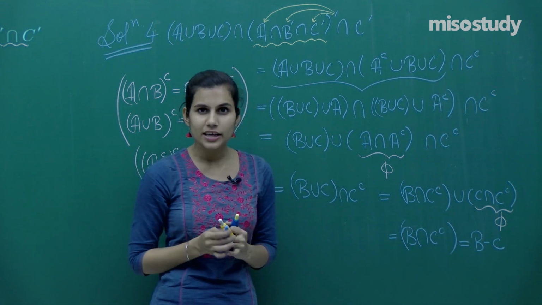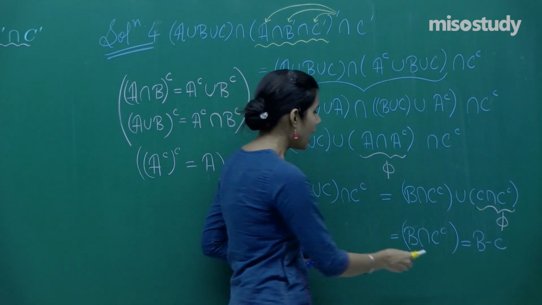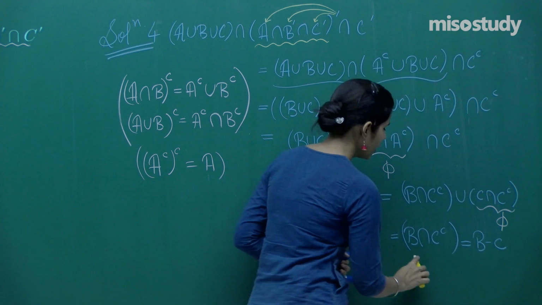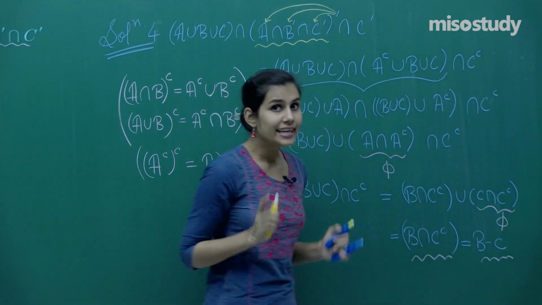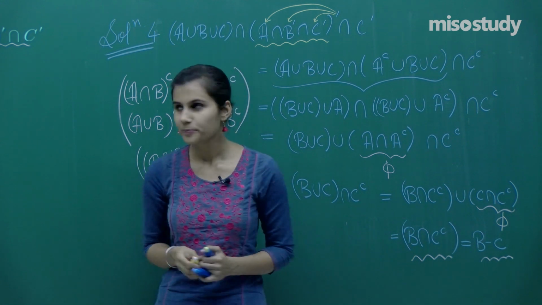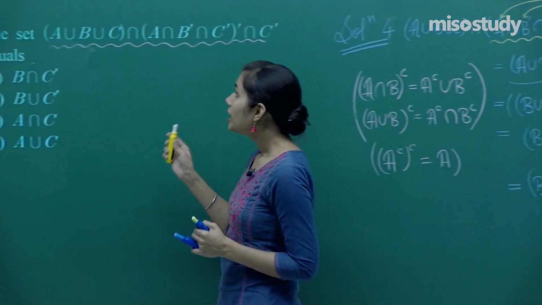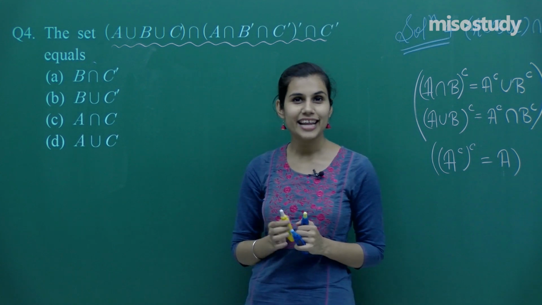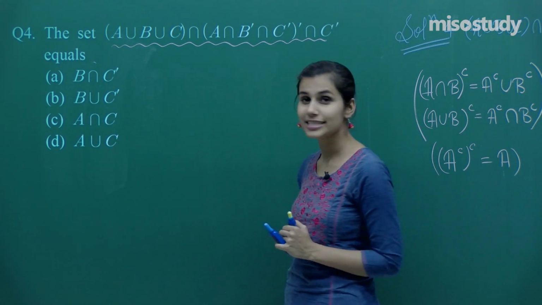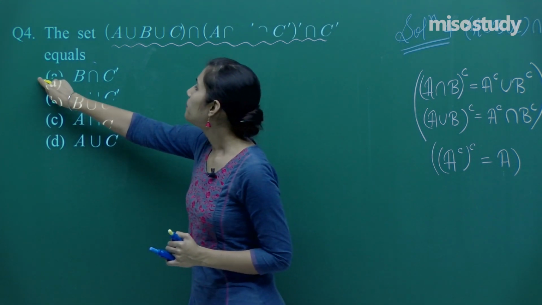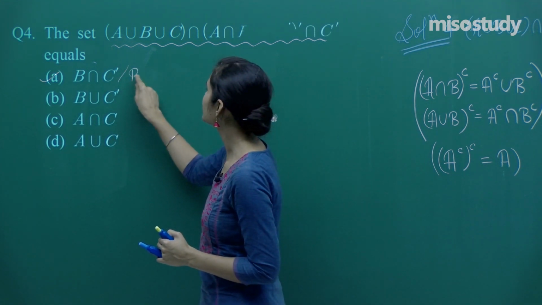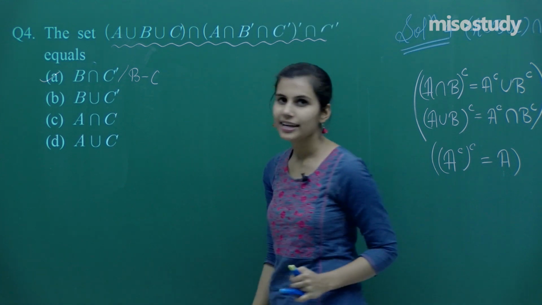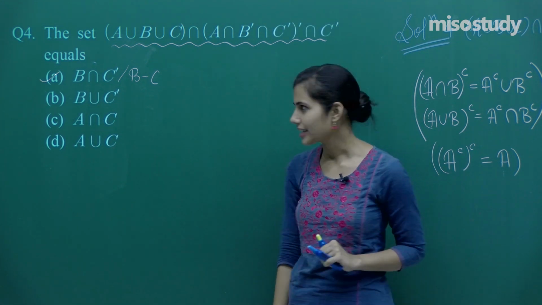Let's see what is given in the options, because among these two expressions, which is B intersection C complement and B minus C, any option will be the correct option. The first option itself is the correct option, which is B intersection C complement. If B minus C would have been given in the place of B intersection C complement, even then this option A would have been correct.